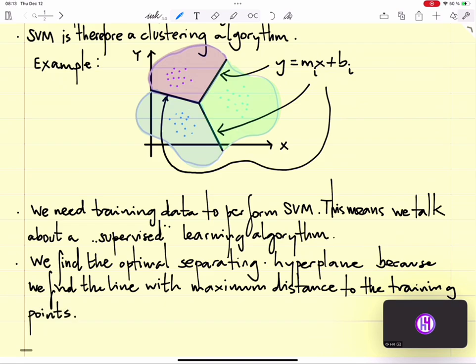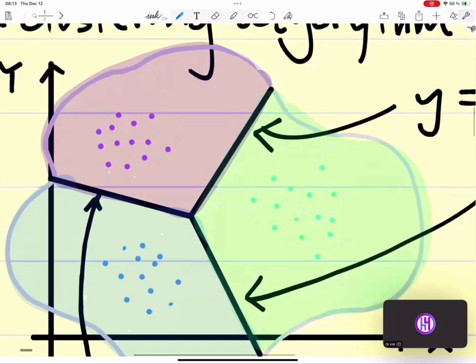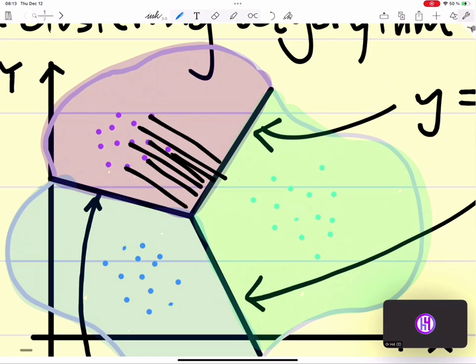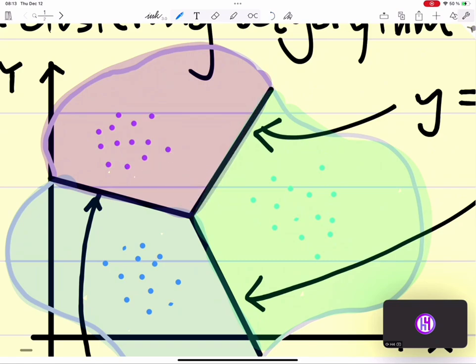Okay. So the distance to the training points can be computed and measured, and this line here is the line with the maximum distance to all training points. Okay.